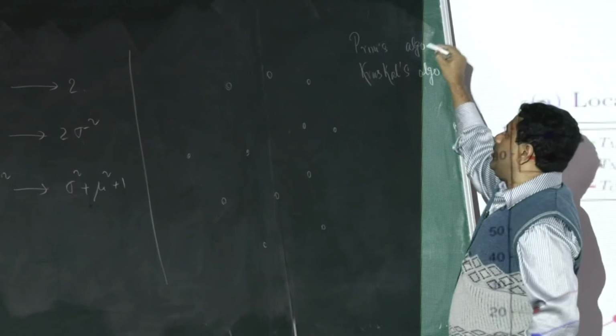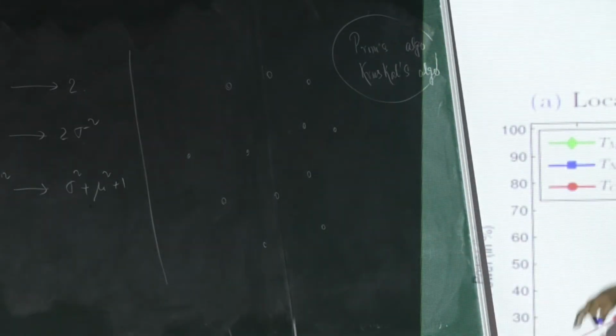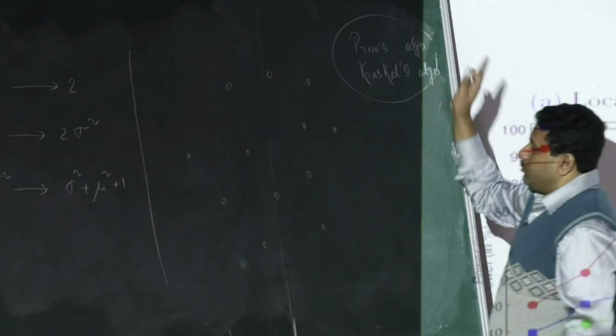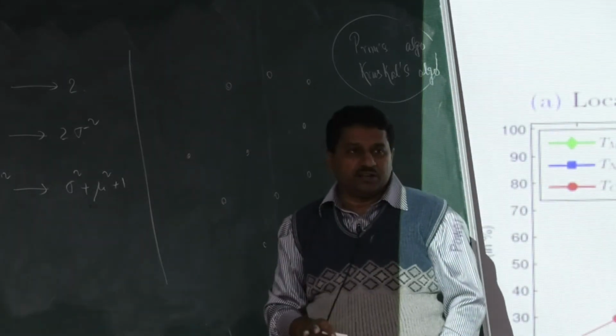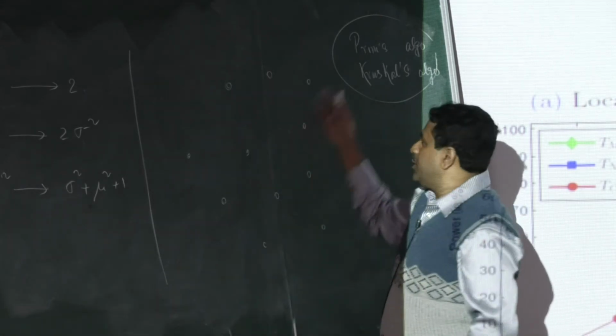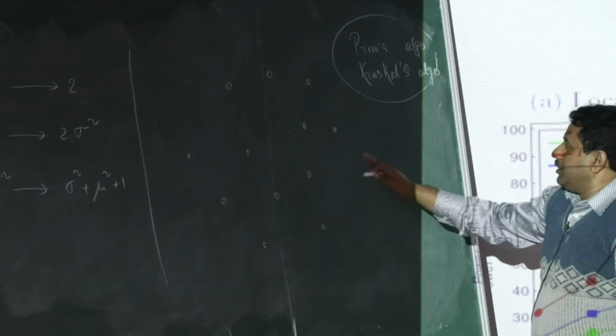So one can use either of the two, and except for some pathological cases, they will lead to the same result. So when the minimal spanning tree is unique, they will give you the same thing. Okay.